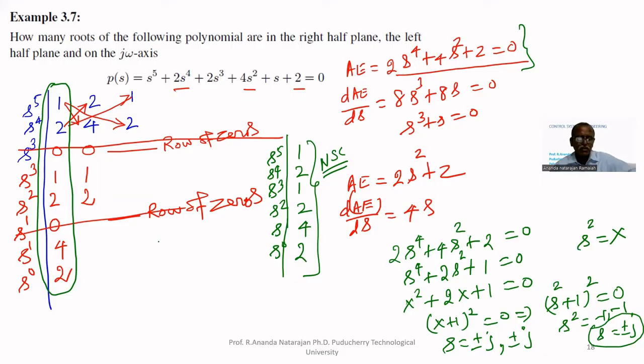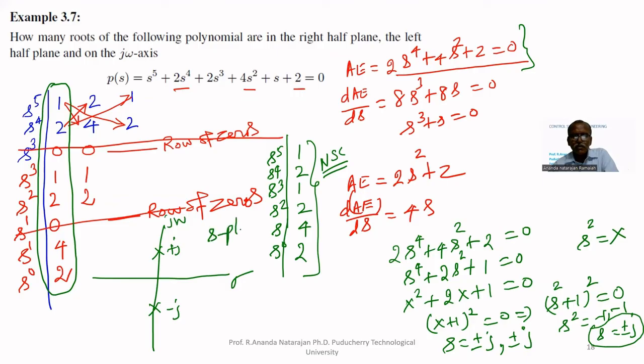So, if you plot this on the s plane, sigma j omega s plane, plus j is here, minus j is here, and again plus j, minus j. Therefore, repeated roots on the j omega axis.